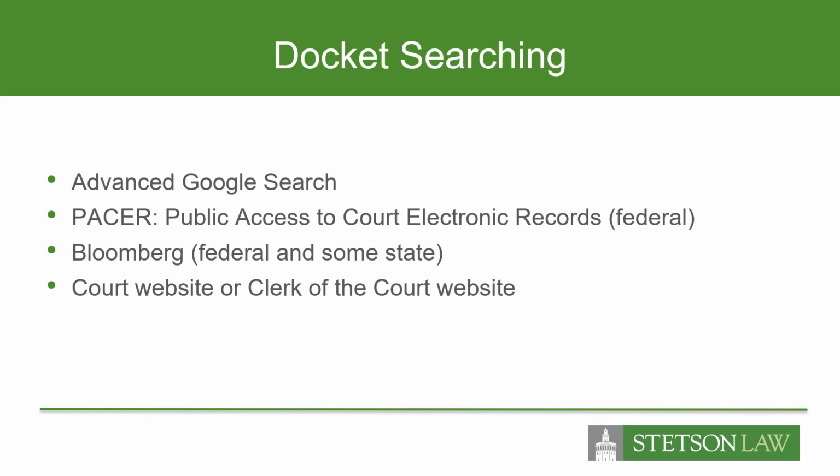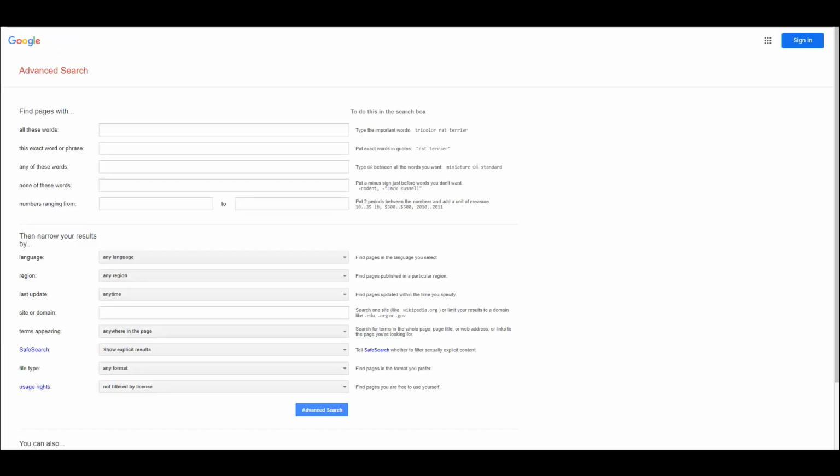Moving on to finding dockets and filings, the first thing I want to talk about is your Google Advanced search. So the best way to use Google Advanced for finding any kind of filing that may have been uploaded to the internet is to run a search for maybe a party name and the type of filing you're looking for. So maybe a complaint or an answer or an interrogatory or whatever it is that you're looking for.